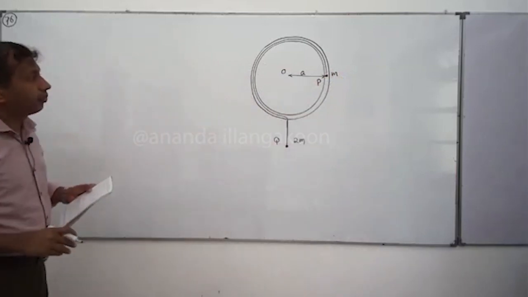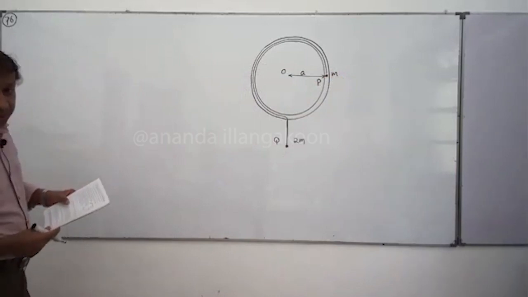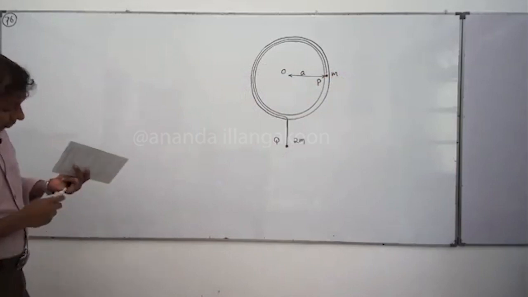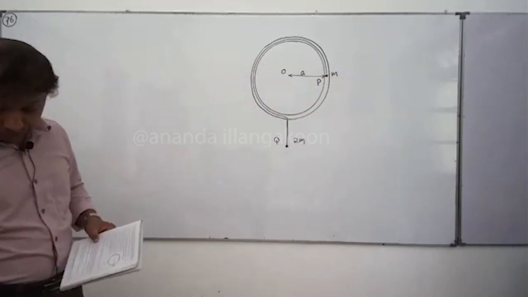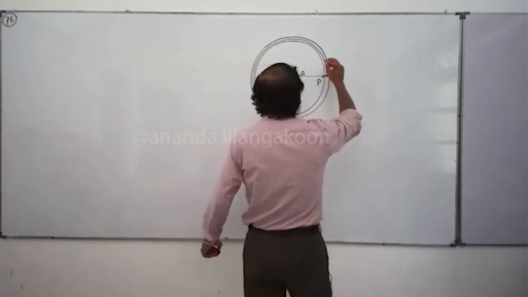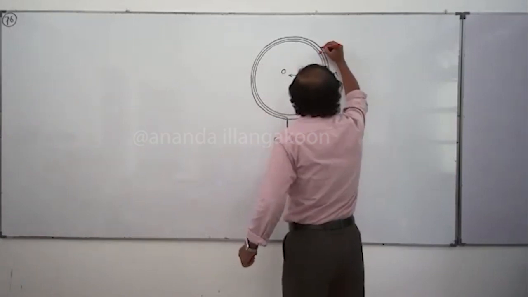Now, the system is released from this position. Then what happens? Particle P, suppose, comes to a position somewhere here, getting a velocity v.